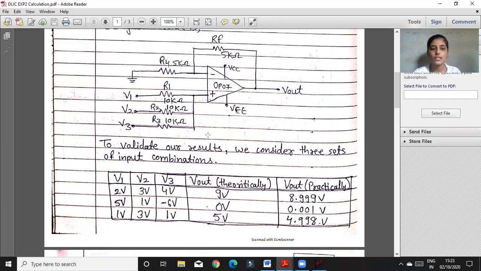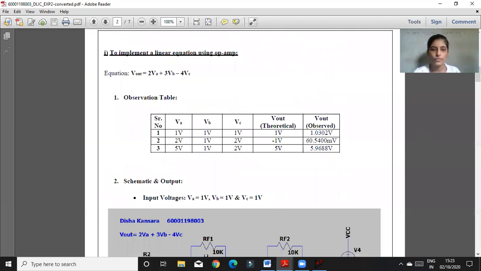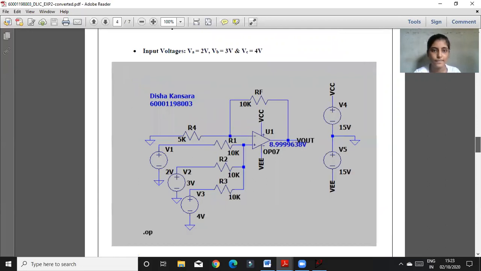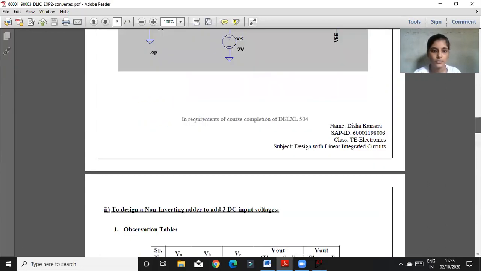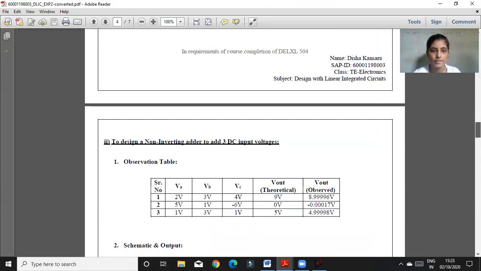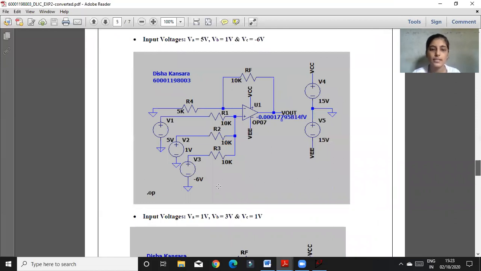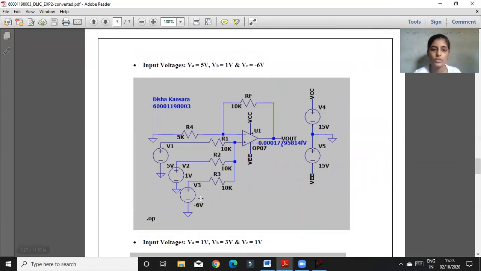And for the other two values, I already designed them. So this is my second circuit, where V1, V2, and V3 are 5 volt, 1 volt, and minus 6 volt.